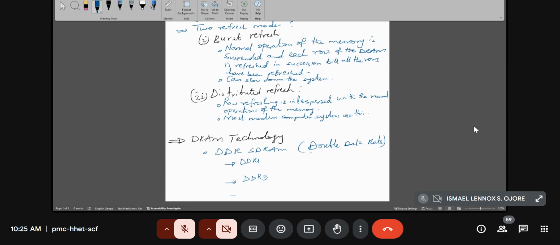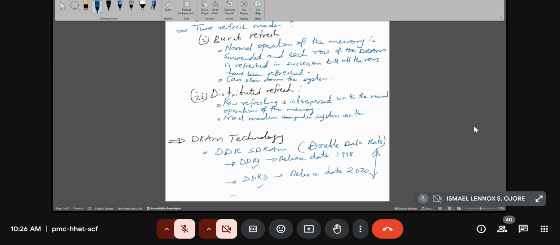And so this is the release date. This was in 2020, and they have their various specifications. So you can read more on this.